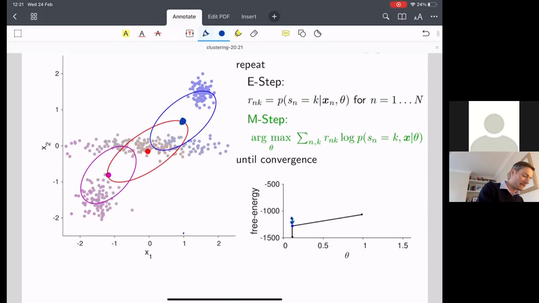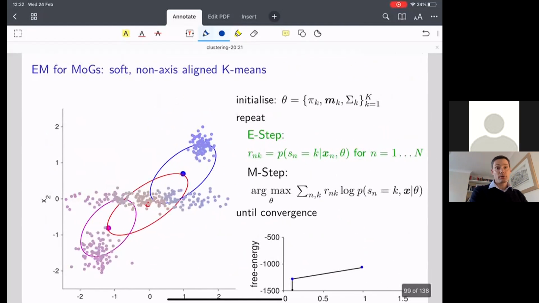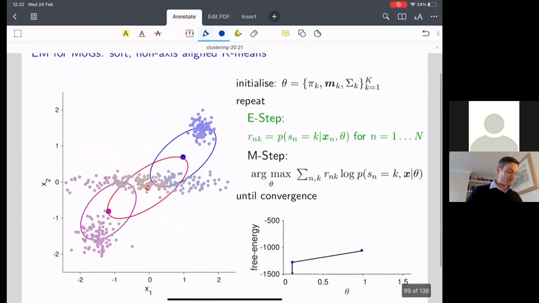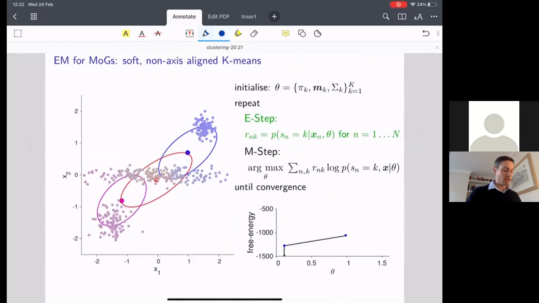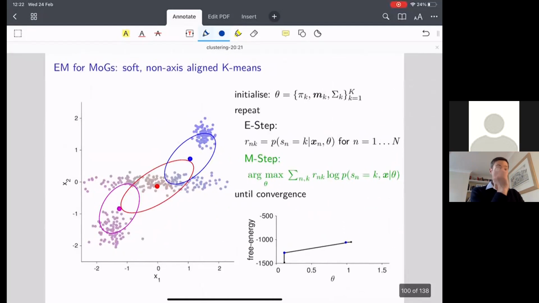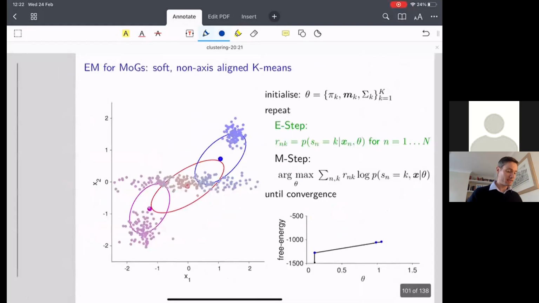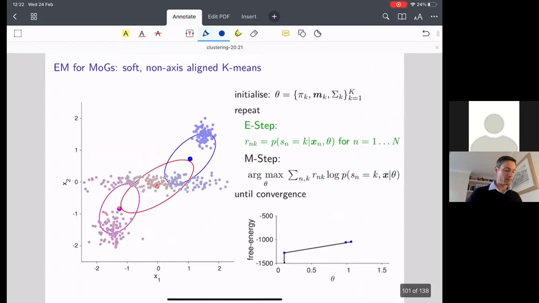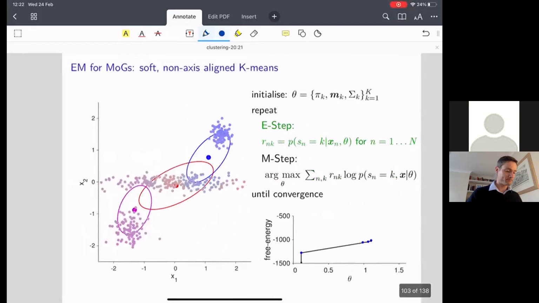You can see that the mean of this cluster in the X1 direction is plotted on the plot at the bottom. Now you do another update of the responsibilities, and we're starting to see that the magenta cluster and the blue cluster are settling on the points towards the left and right, respectively. We do another M step, another E step, and we keep iterating this forward.